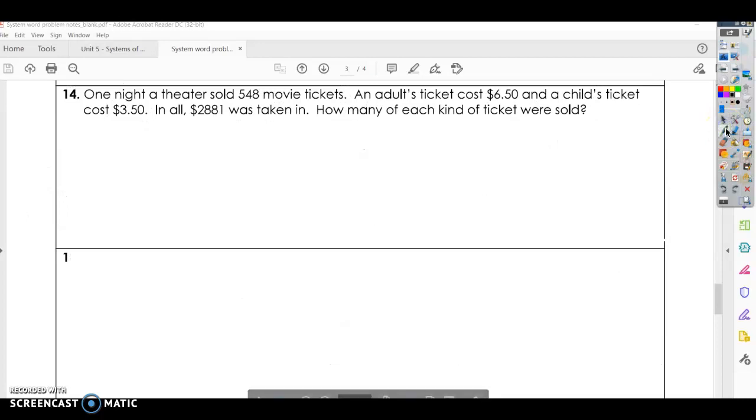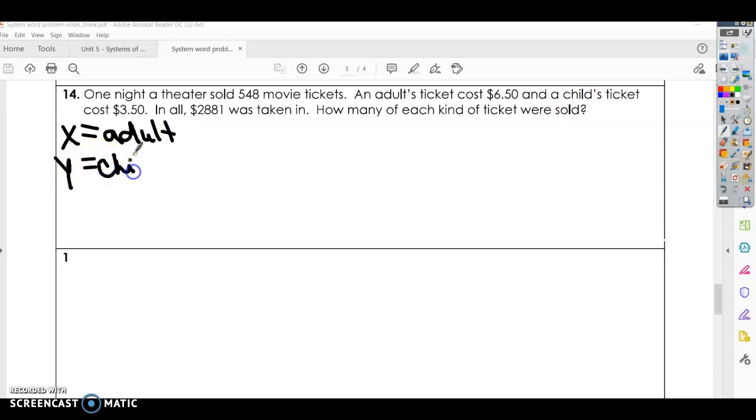All right, number 14. One night a theater sold 548 movie tickets. An adult ticket cost $6.50 and a child's ticket cost $3.50. All right, so we're going to say X and Y. We're going to say adult tickets are X. And a child's ticket is Y. All right, so one night a theater sold 548 tickets.